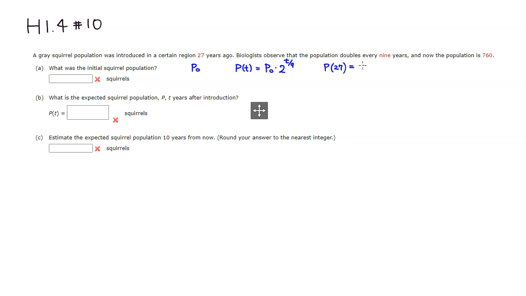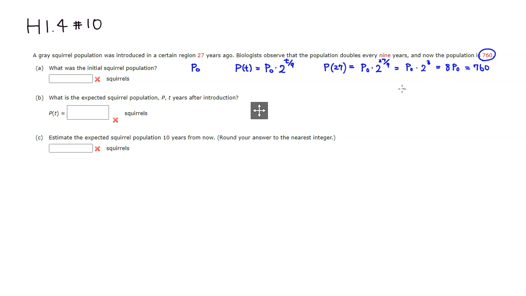Using this formula, it's P0 times 2 to the 27 over 9, and 27 over 9 is 3. So 2 cubed is 8, so it's 8P0, and this has to be equal to 760.